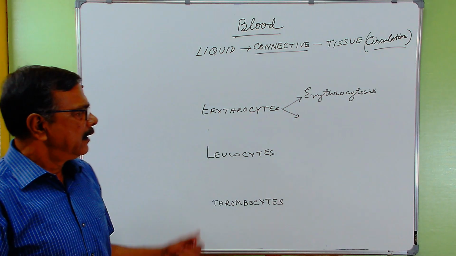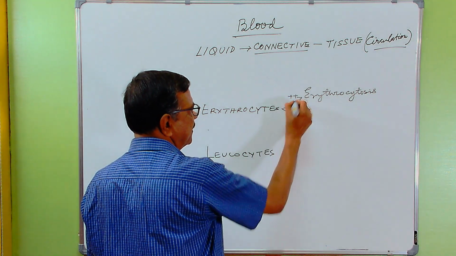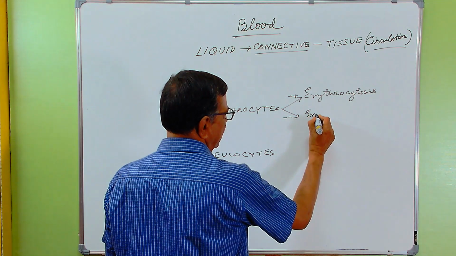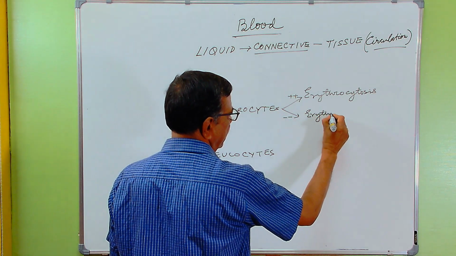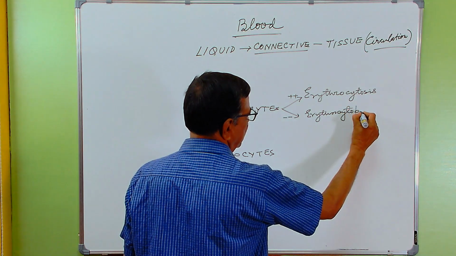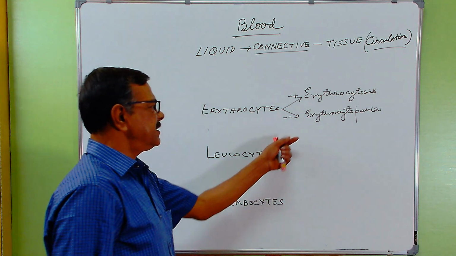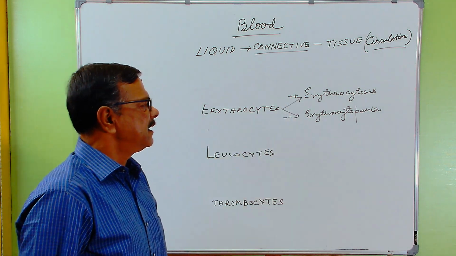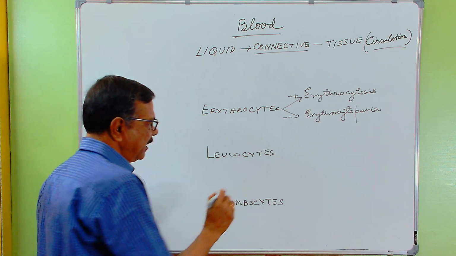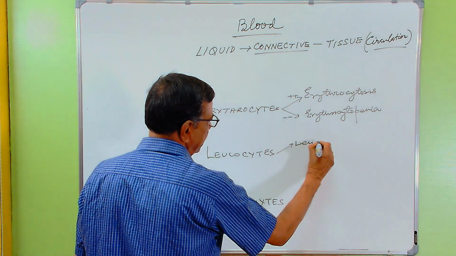And if they decrease, it is known as erythrocytopenia. That is, increase is erythrocytosis, decrease is erythropenia. Clear?